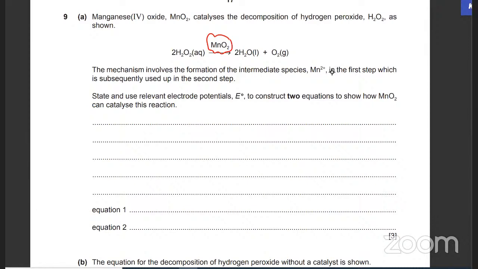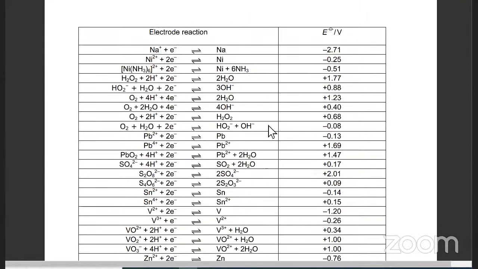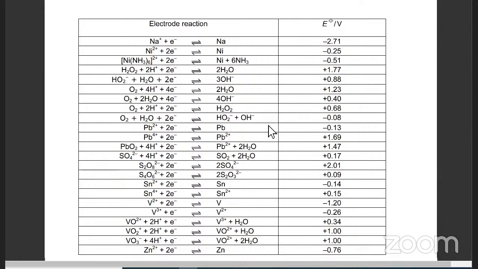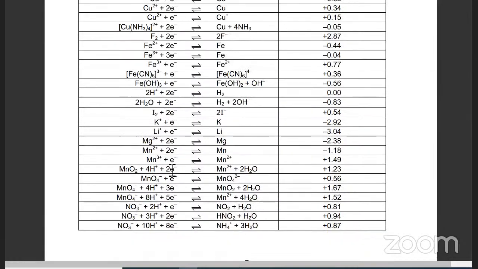So in the first step, we know that the MnO2 turns into Mn2+. I'm going to refer to the data booklet. They've already told us that that's what is happening in the first step. So I'm going to go for the equation where MnO2 is turning into Mn2+, which is this one over here, and that's 1.23.